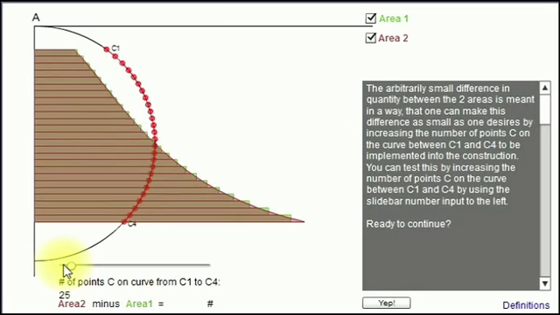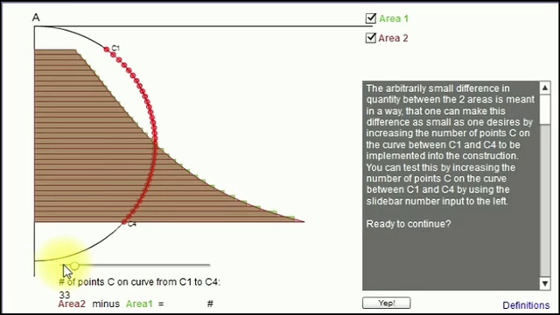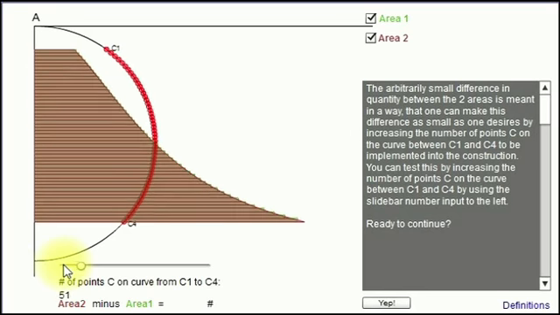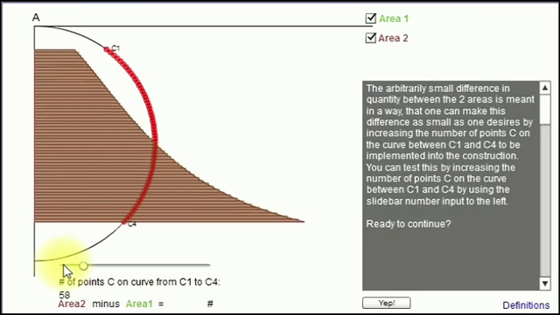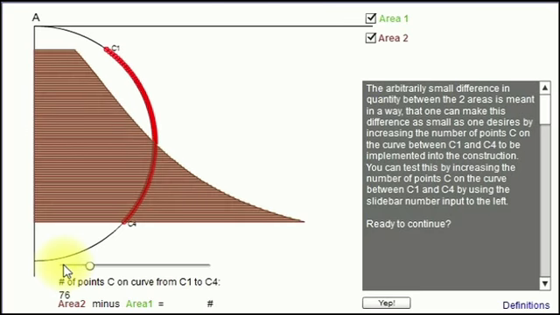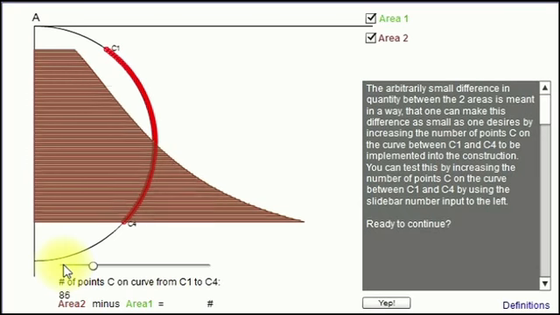See, the number of points increases, and as I increase the number of points, both curves and both figures converge to the same kind of target figure.